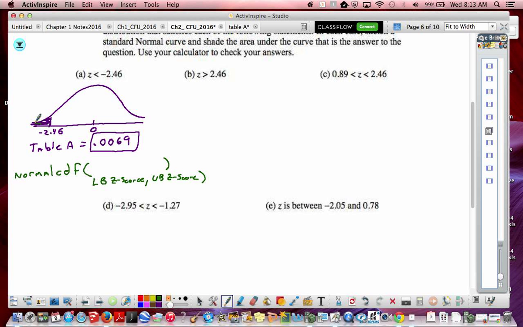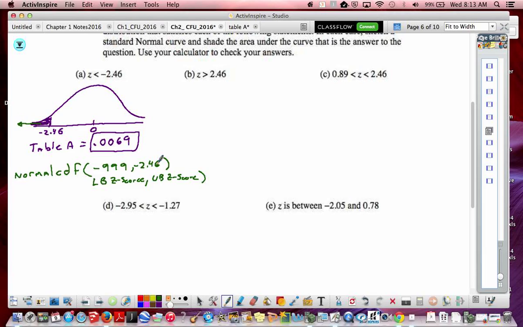Well, the lower bound, this keeps on going on forever, so the lower bound is negative infinity. Well, I don't have a negative infinity button on my calculator. So as we know, as we keep on going more and more standard deviations, it gets really, really close to 0. So I tell students to type in a few 9s. 3 should suffice. Then we go until negative 2.46 standard deviations.